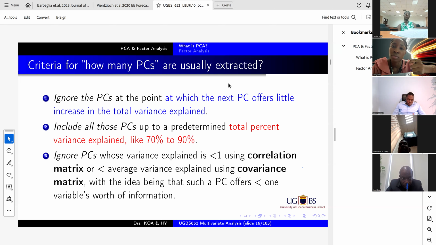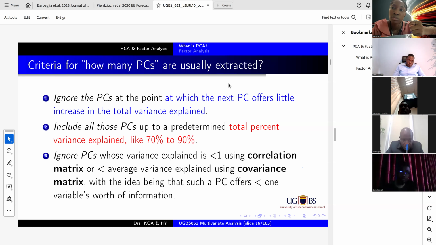Cumulative is the same as total. Those up to that cumulative value must be included. Anything above that is not necessary. The next approach is that you can also include principal components whose variance is less than 1. Less than 1, take note. We said that already.